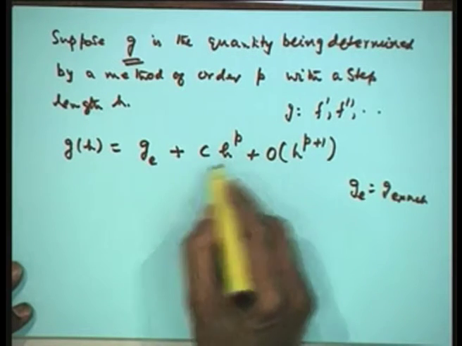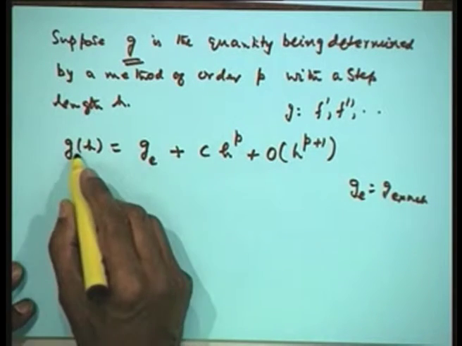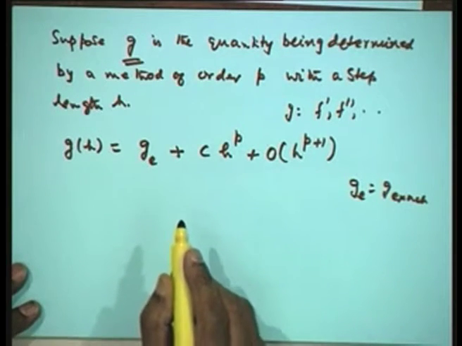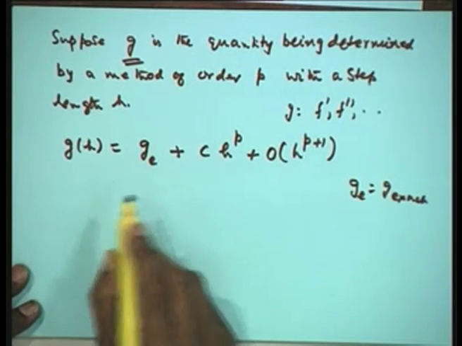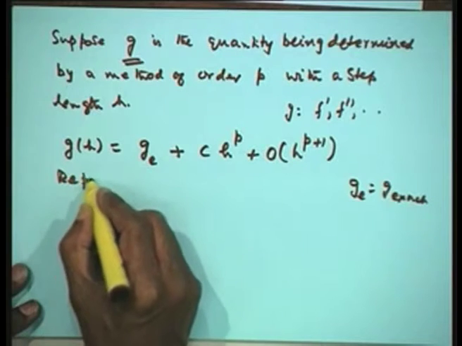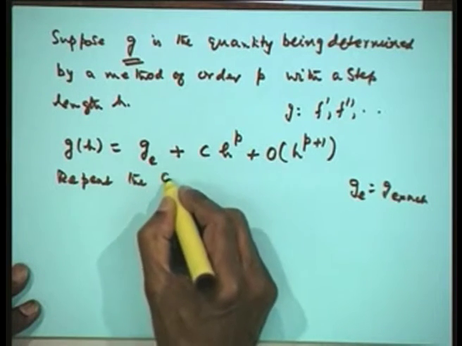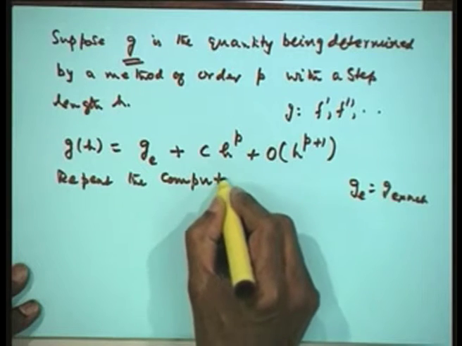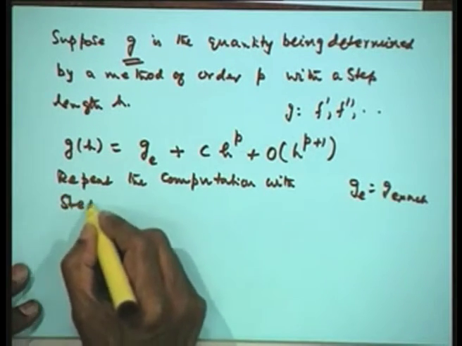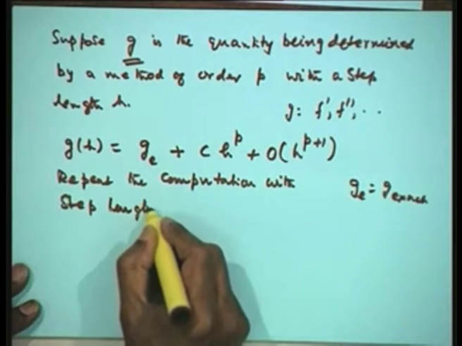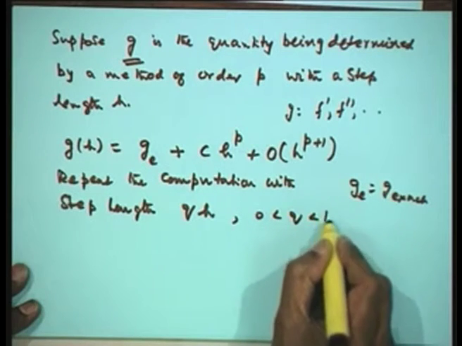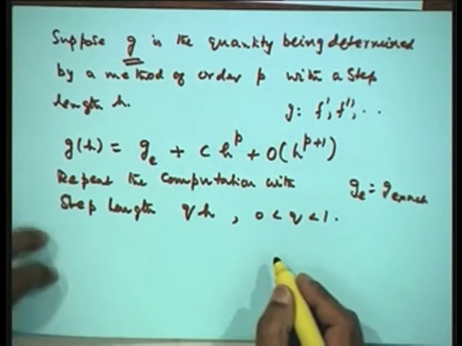I added the truncation error to the numerical solution to get this as the expression for the exact solution. Now, we repeat the computation with one more step length. Let us take q times h, and we take q smaller than 1, so that we are now decreasing the step length.